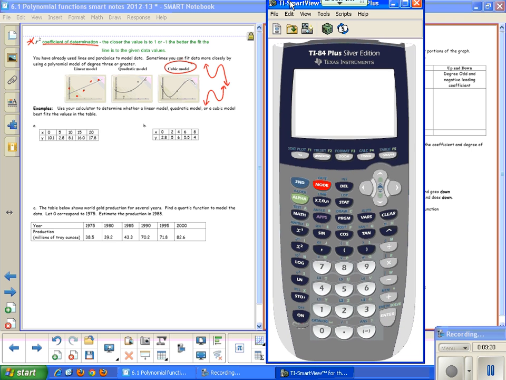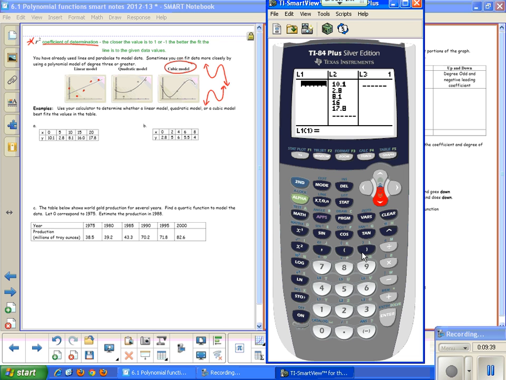So if I plug this into my stat plot, we go to stat, enter and edit, and of course you guys should also get out your calculator and do this with me so that you become familiar with the process of doing this. If you have something in there that you don't want, remember you highlight the list, hit clear, and push down. Don't hit delete because it'll delete the list.